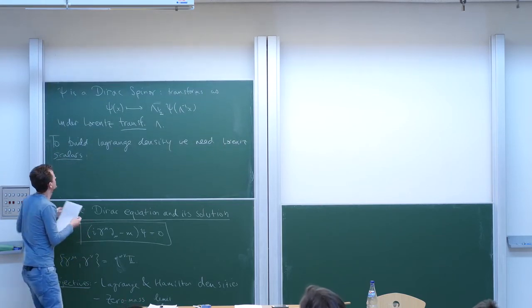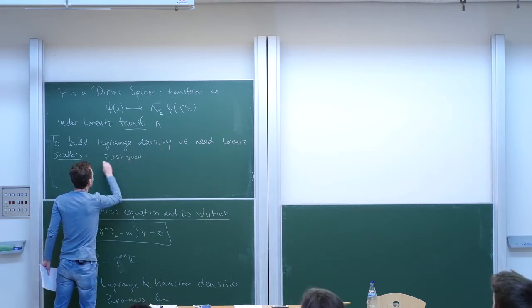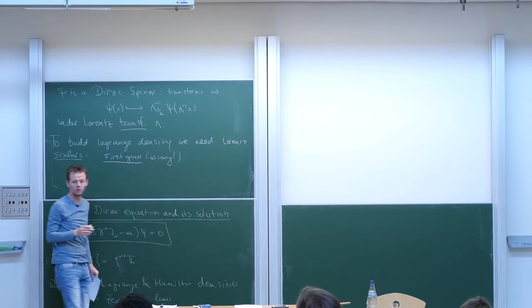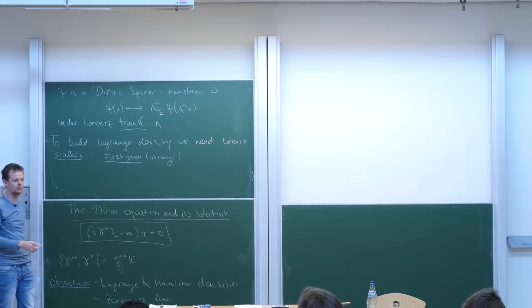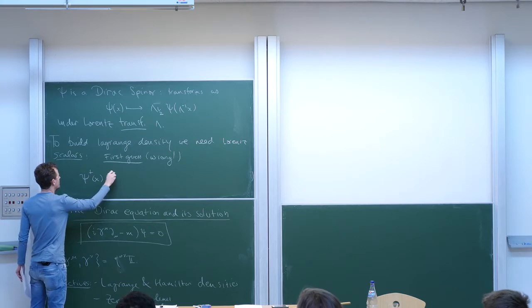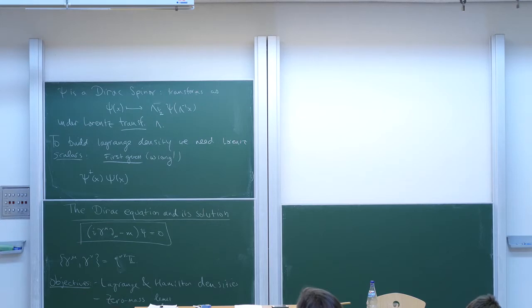Now, the first guess, which is wrong, for a scalar quantity from the Dirac field would be to just take the adjoint of this Dirac spinor field. That should be your first guess if you're used to things that transform according to unitary transformations. But, and we knew this all the way back in lecture 1, our representation of the Lorentz group cannot be unitary if it's finite dimensional.